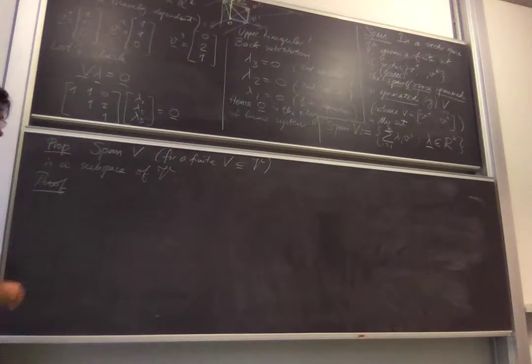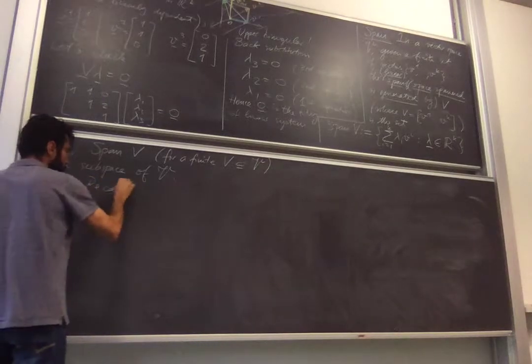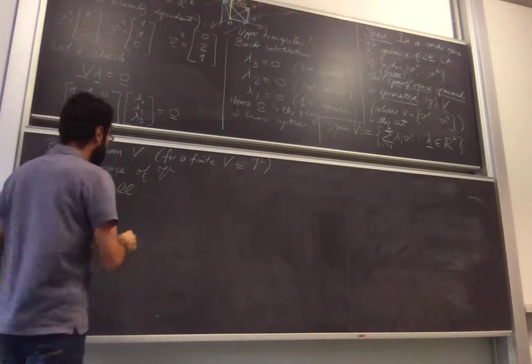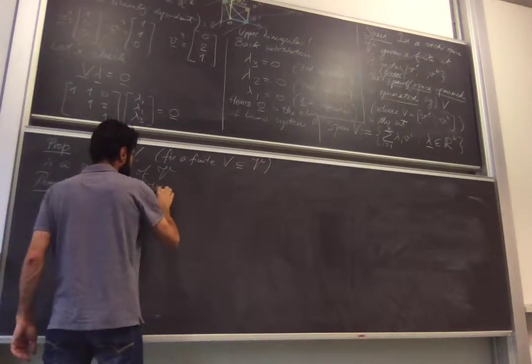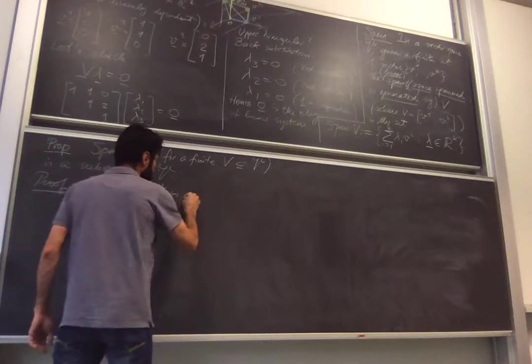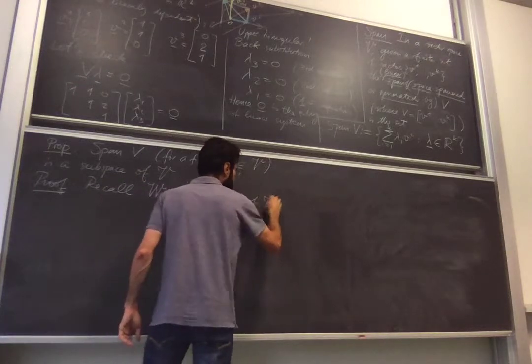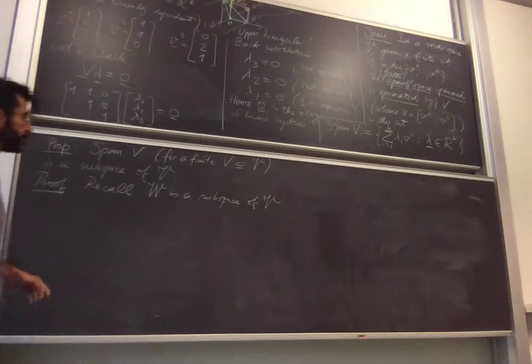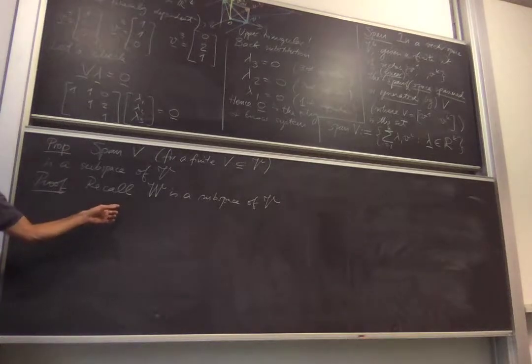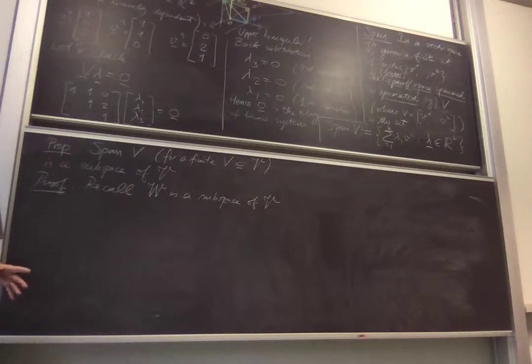So let's remind ourselves. Recall, we say that W is a subspace of V. Do you remember the definition of subspace? A subspace is essentially a subset that is closed with respect to linear combinations.